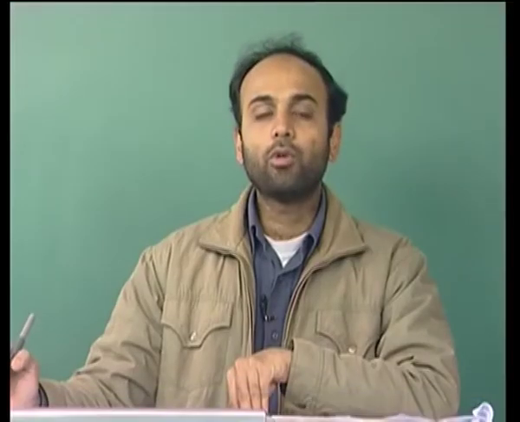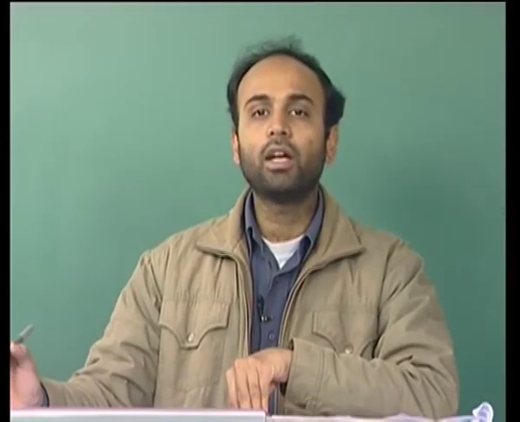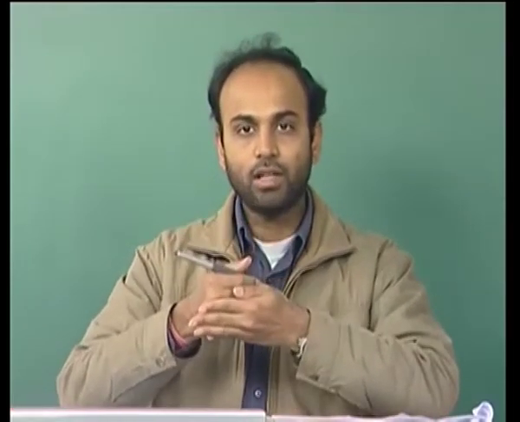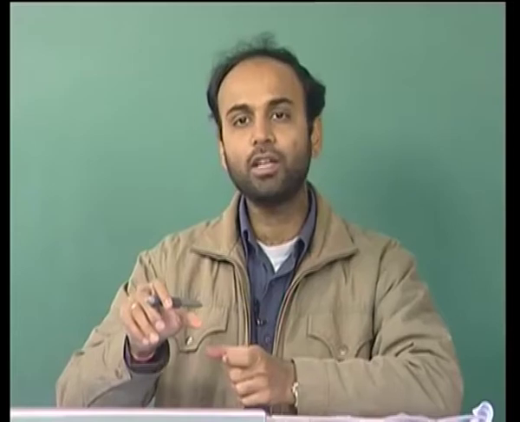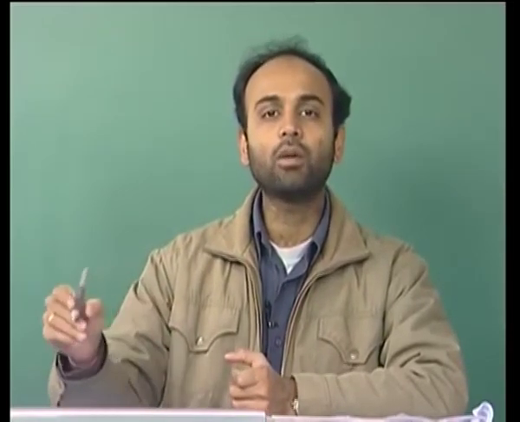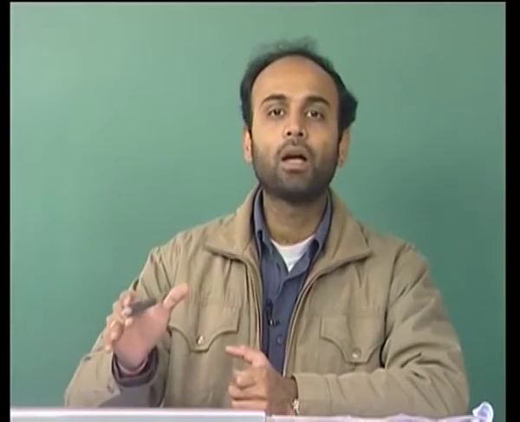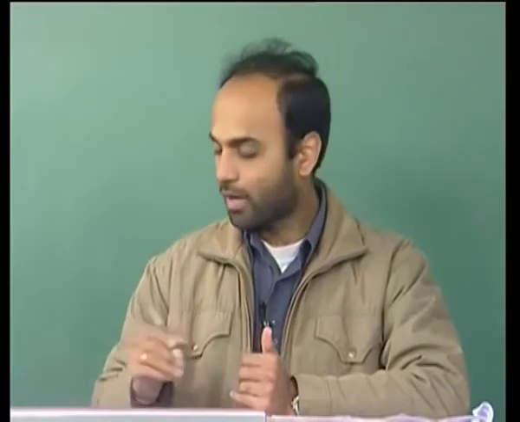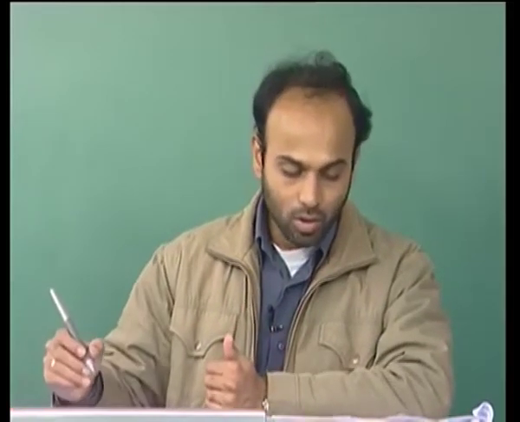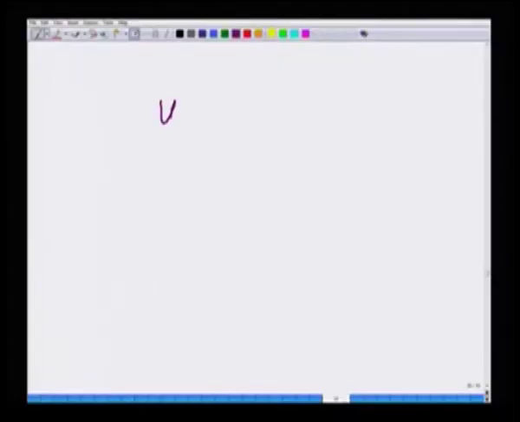So, what am I going to do? I am going to coherently demodulate each stream, that is, I am going to take this composite signal that is received, and to recover each stream I am going to coherently demodulate it with the corresponding subcarrier. What I mean by this is, for instance, let me take this composite received signal y(t).